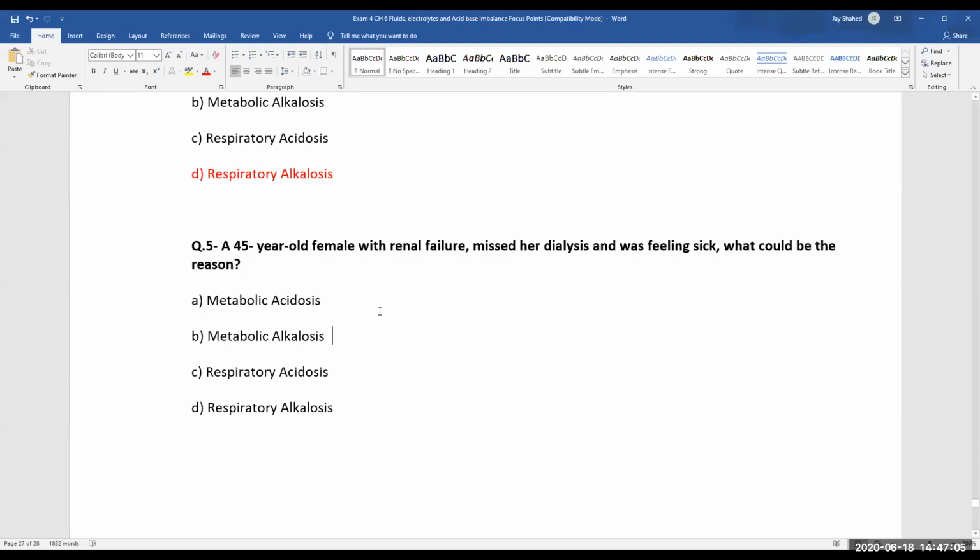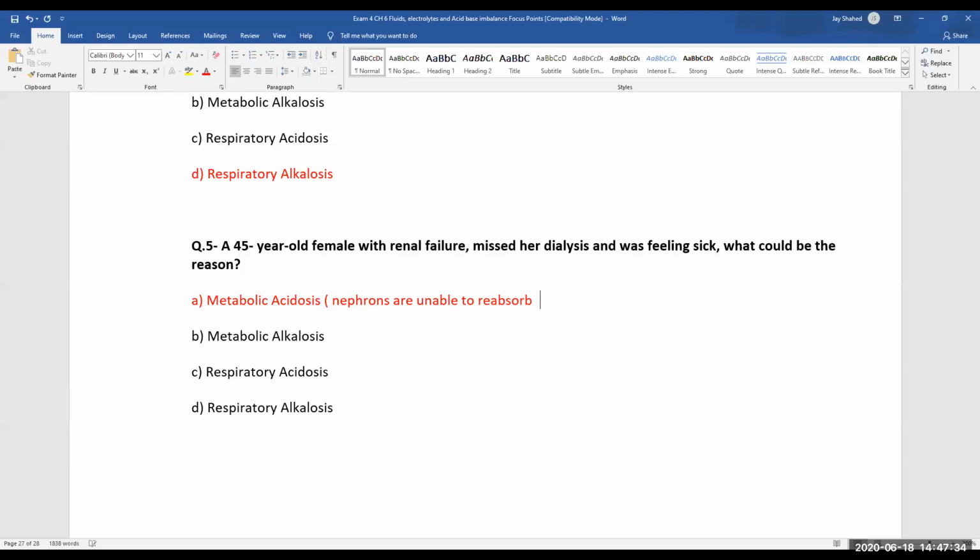Okay. So this is basically what? Do you understand? In this case, what are we having? The kidney. Nephrons are unable to reabsorb what?